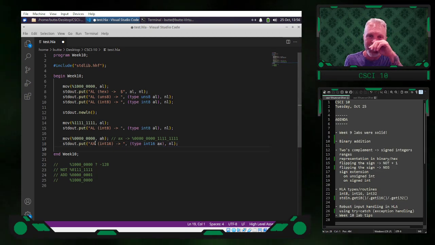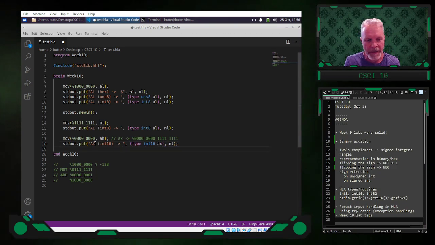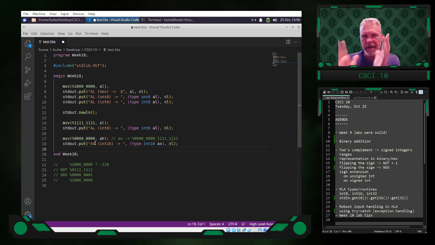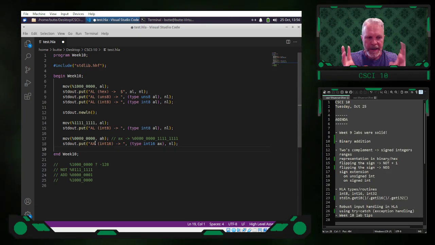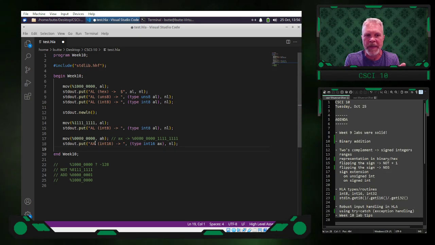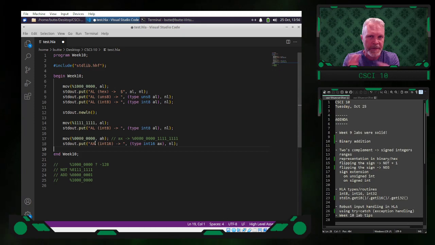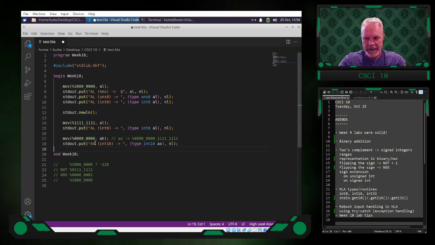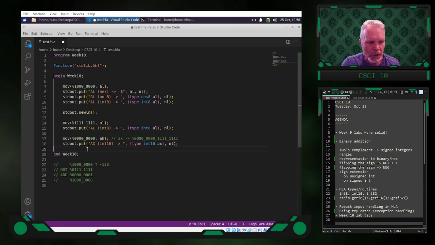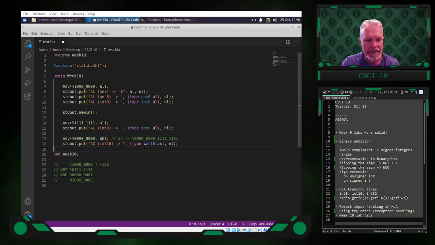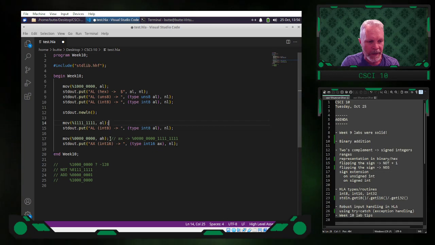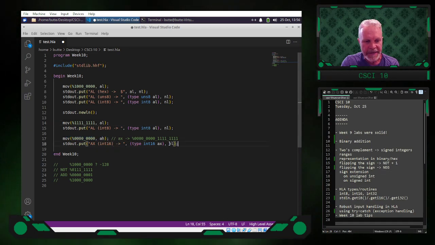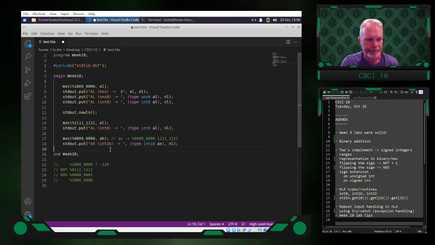Okay, so this is what we do with division: we put a numerator in AL and then we zero out AH. And part of the point of doing that is to preserve the numerator value but give it more space. So does this work for two's complement? When I'm interpreting it as signed integers, does zeroing out AH mean that AX is now -1?